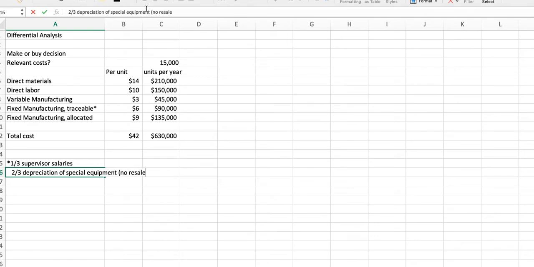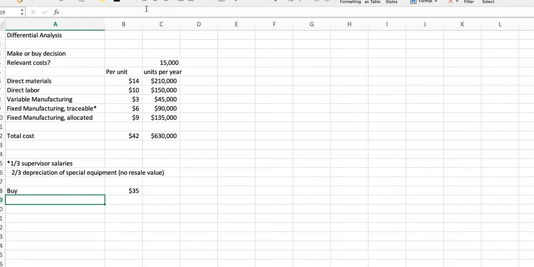Has no resale value. Okay, something to keep in mind. Okay, so we make engines, and we're looking at whether or not we want to make or buy our carburetors, and we can buy it for $35. So we have to figure out, do we want to make it or do we want to buy it?